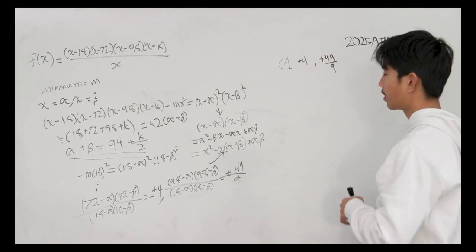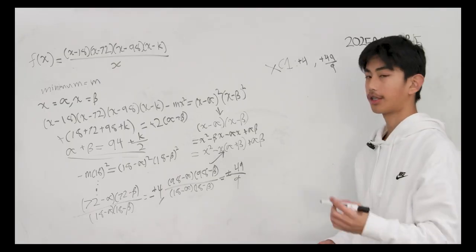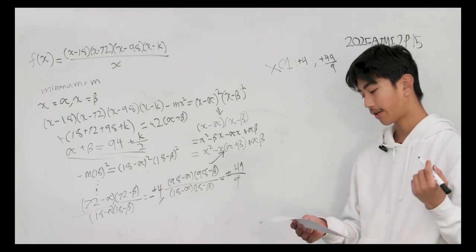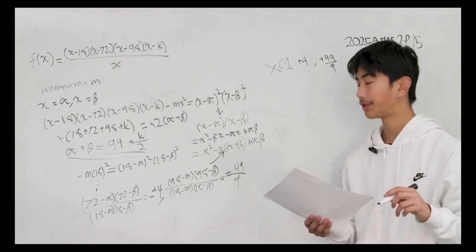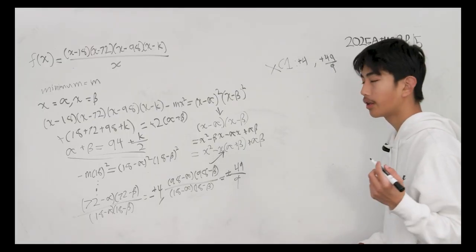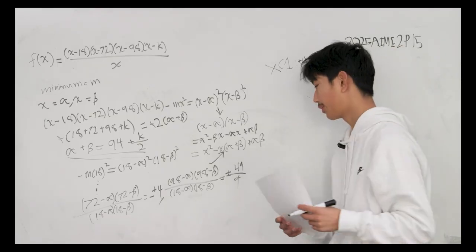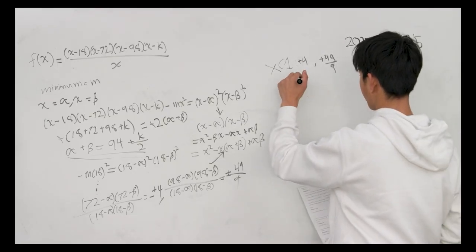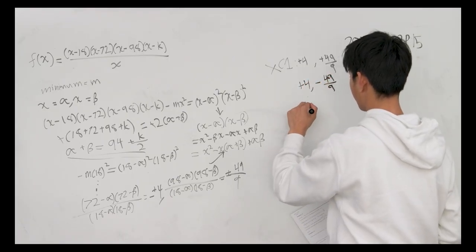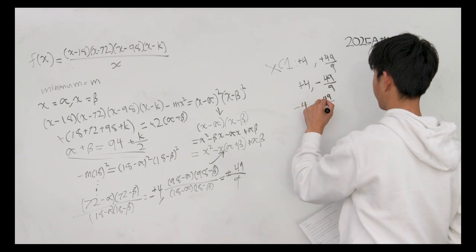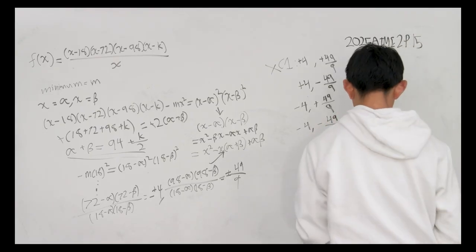We eventually see that through the equations from here, this case does not work because it yields us a negative value, and we cannot have negative values because the minimum value has to be a positive real number. So we can keep on repeating this trial and error process. We only have 4 ways you can do this: plus 4 plus 49 over 9, plus 4 minus 49 over 9, minus 4 plus 49 over 9, and minus 4 minus 49 over 9.